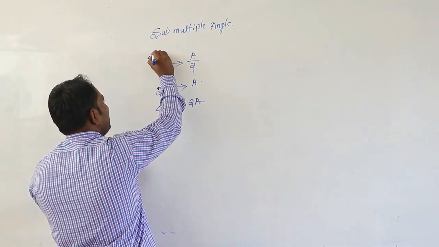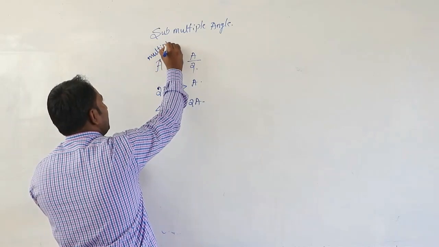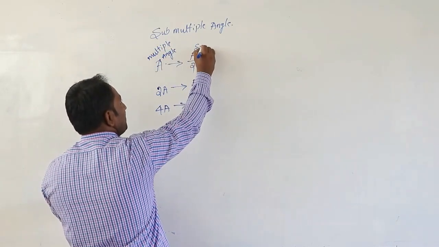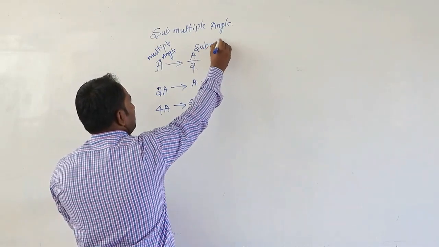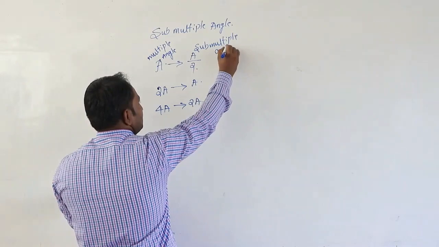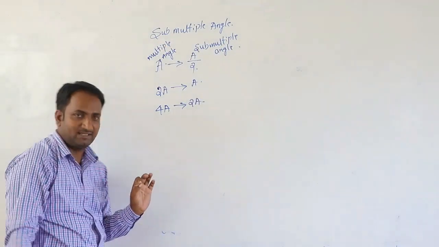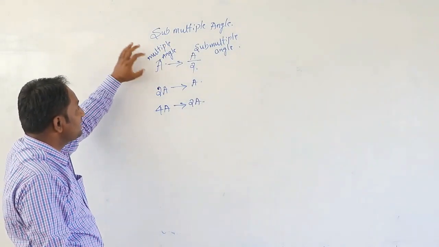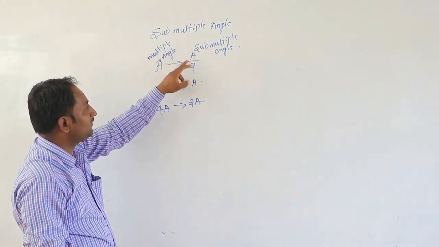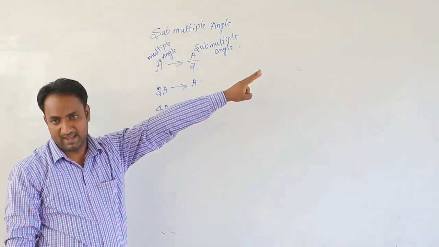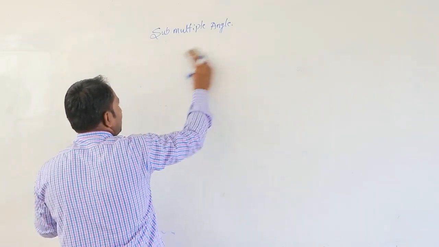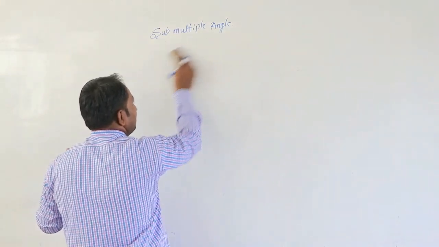Here these are multiple angles, and these are the submultiple angles. Here we consider a is a multiple angle; exactly half of that one is called the submultiple angle. One is a multiple angle formula, another one is a submultiple angle formula.